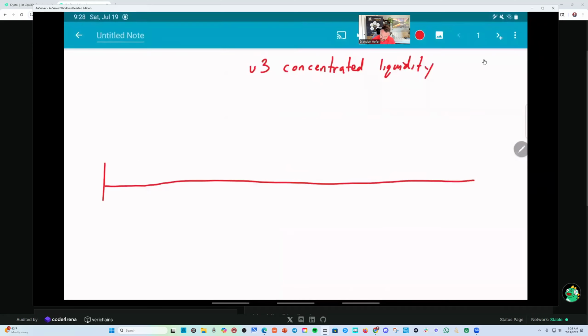Here's my range. And let's say I'm doing my ETH USDC. And let's say whatever it is, 3,500-ish is about the price of ETH right now. So that's my midpoint. That's the current market rate. Now, let's say I'm just going to pick random numbers here. Let's say I put 4,000 as my end range and 3,000 as my bottom range.